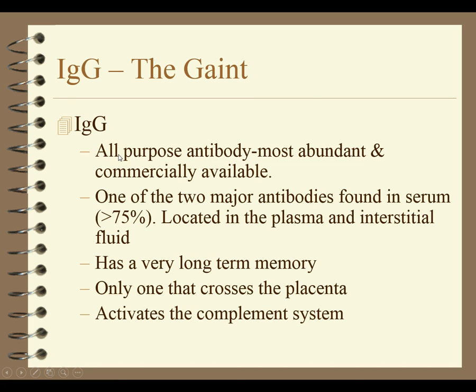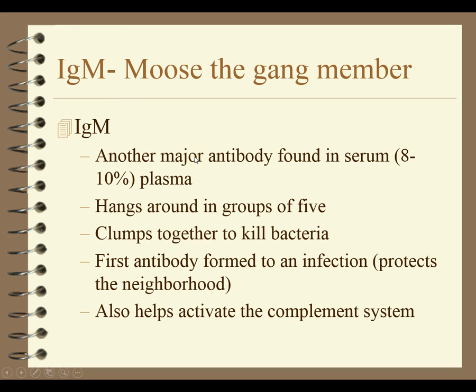Some of these others are as well. So IgG, the giant. IgM, moose, the gang member. Moose is the other major antibody found in the serum, 8 to 10%. It hangs around in groups of 5 and clumps together to kill bacteria. So it's the first antibody formed to an infection. It protects the neighborhood. It literally goes around in the bloodstream in clumps of 5 looking for things to attack.